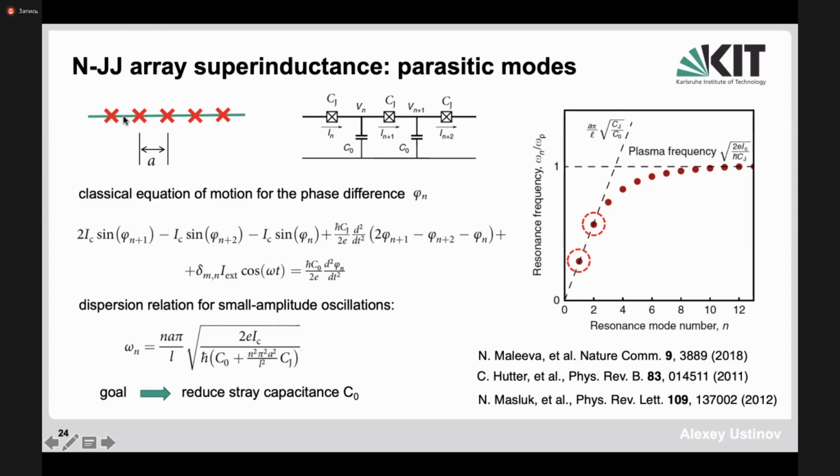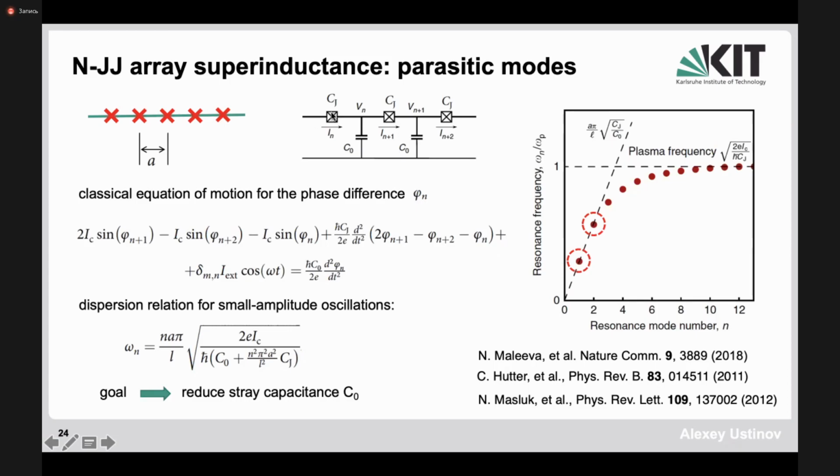And this capacitance, of course, for any wire is never zero. It's very small, in the range of attofarads, but here it's exactly where this capacitance plays a role. It is shown here by the capacitance to the ground.